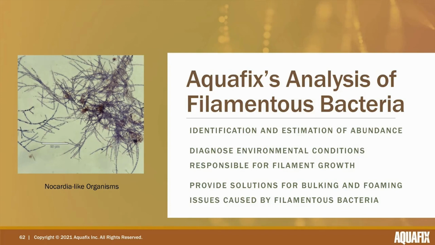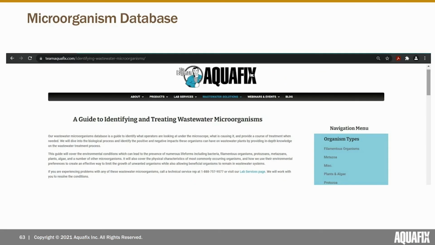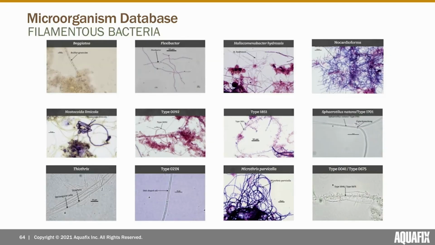So, to learn what products we have to help treat these filaments, or if you want to learn more about the metazoa, protozoa, and other filaments that we talked about today, you can access our easy-to-use database. When accessing our database, you will be led to a screen with thumbnails for each organism. And for easier navigation, our database has been organized into specific groups, starting with Filamentous Bacteria.